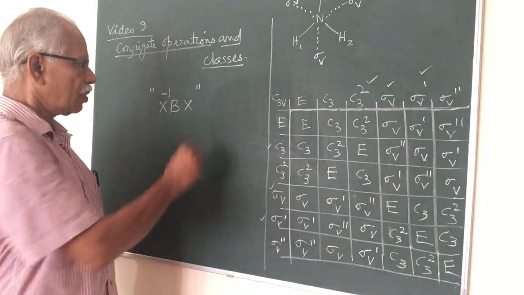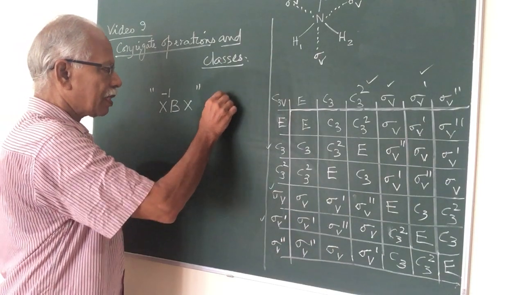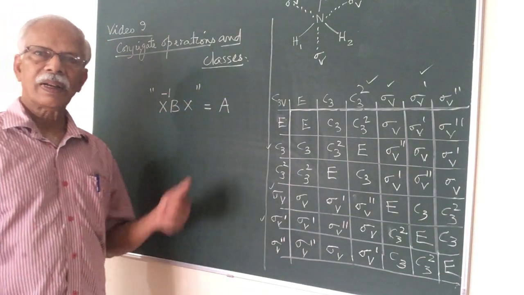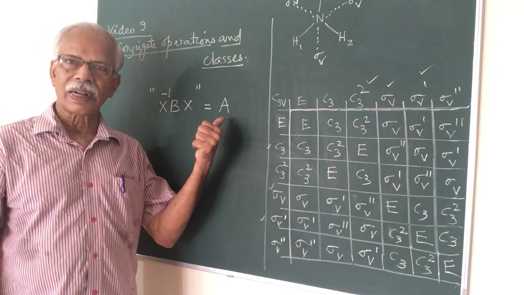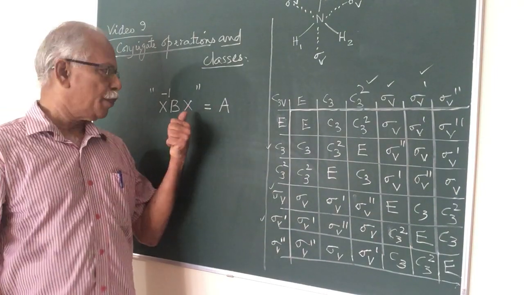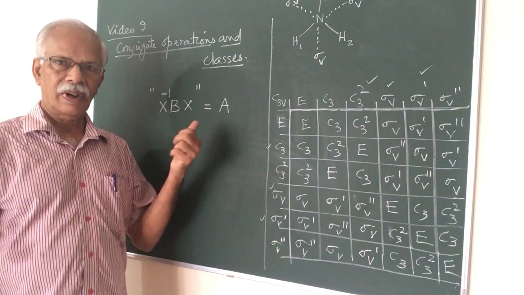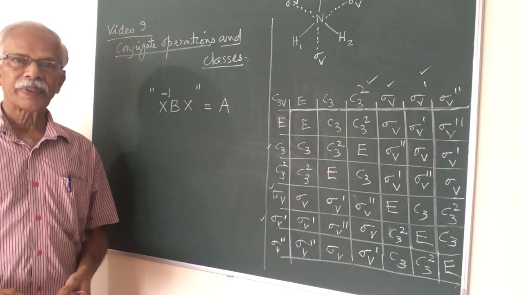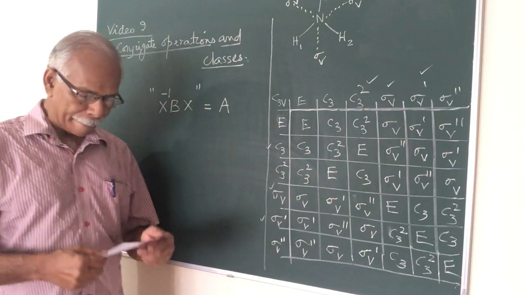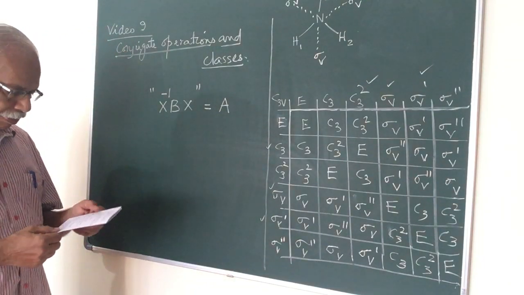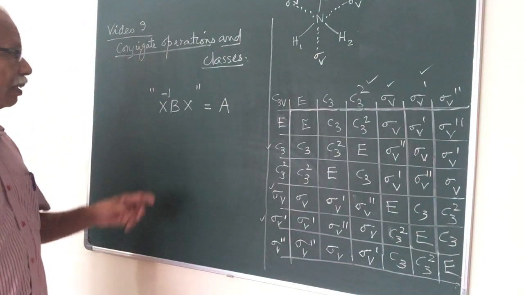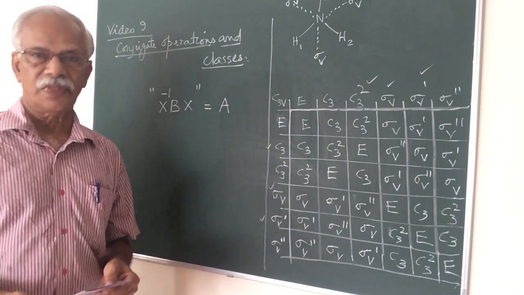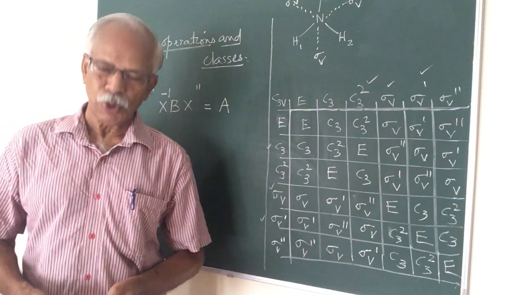After doing this, suppose you get the result as A, another operation. We say that A is the similarity transform of B by X. A is the conjugate of B by X. Remember that the operations A, B, X and X inverse all belong to the same group.